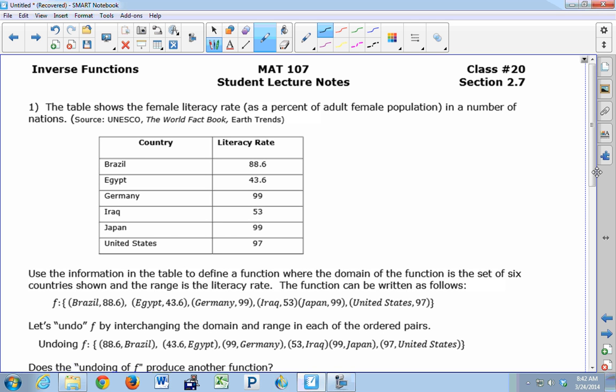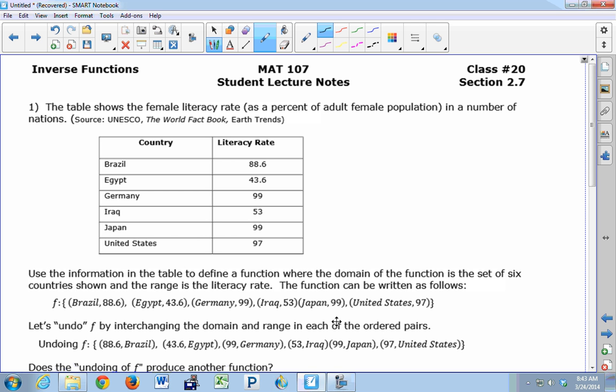Right, so we have a table, and according to this function that we see below, the domain is the set of 6 countries that Chris just outlined for us: Brazil, Egypt, Germany, Iraq, Japan, and United States. And the range, so that's our domain, the range here is the literacy rate, which if you look at each of these, you can see that in the country of Brazil, 88.6% of the female population is literate.